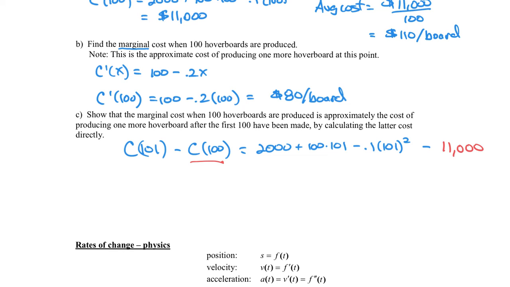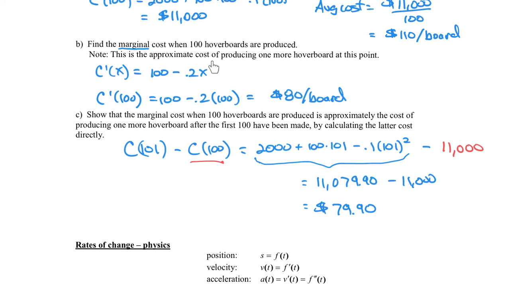So I'm going to subtract off the $11,000 here. When we calculate this, that ends up being $11,079.90. We subtract off the 11,000, and we end up with $79.90, which is pretty close to what we got.